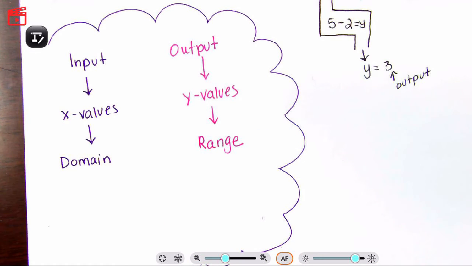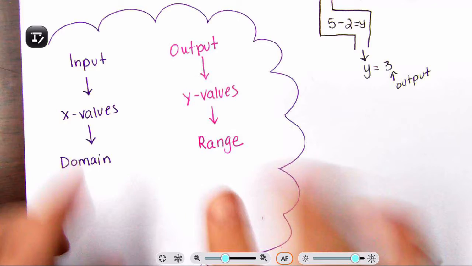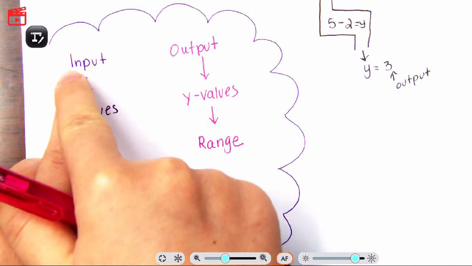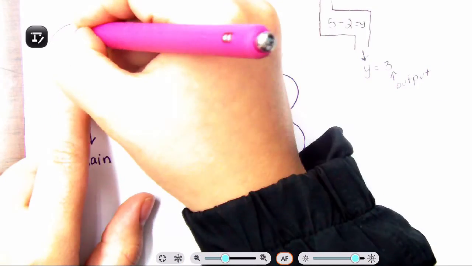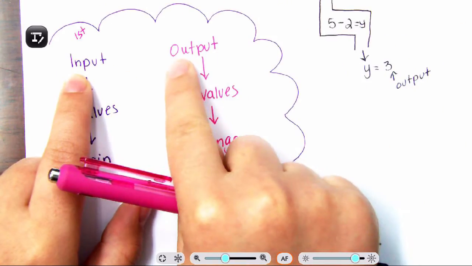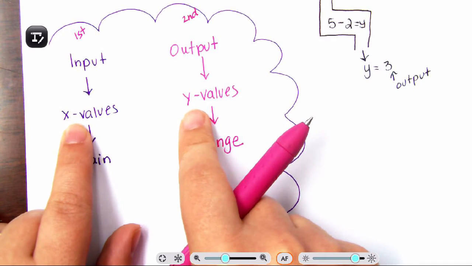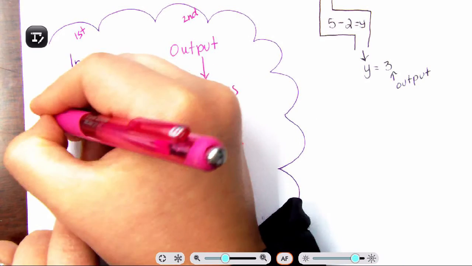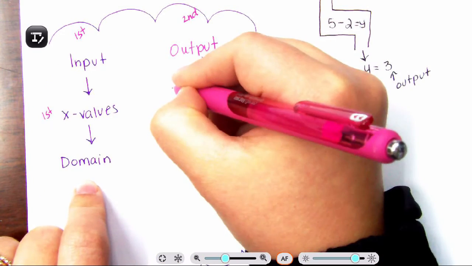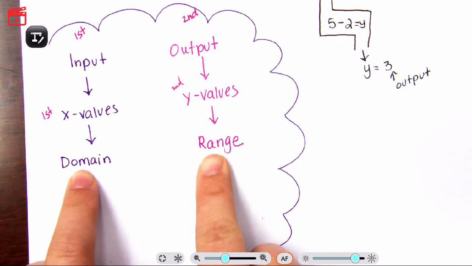Now again, we're going to sing the alphabet. A, B, C, D, E, F, G, H, I. I is before O, so this is first. This is second. Let's do it for X and Y. A, B, C, D, E, F, G, H, I, J, K, L, M, N, O, P, Q, R, S, T, U, V, W, X, Y. So X is first, Y is second. Let's do it again for domain and range.